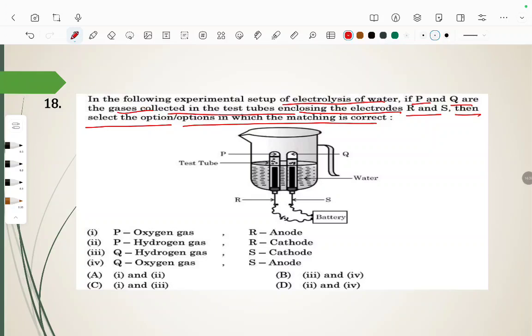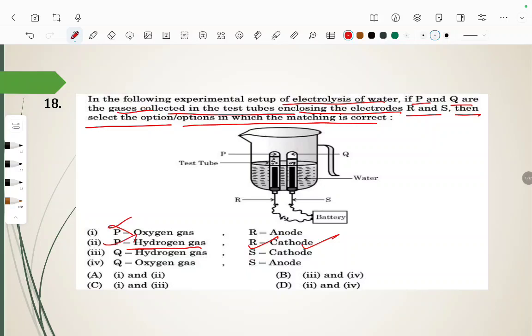No. R we don't even need to check, since it has gone wrong here already. Second, on P hydrogen gas is collected. Is it true? Yeah, it's true. And R is cathode. That is absolutely true.